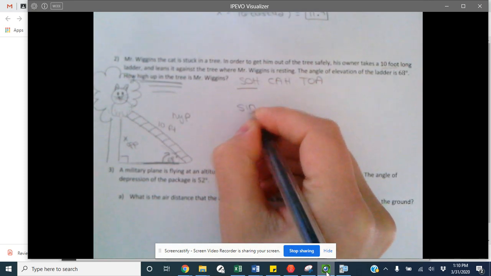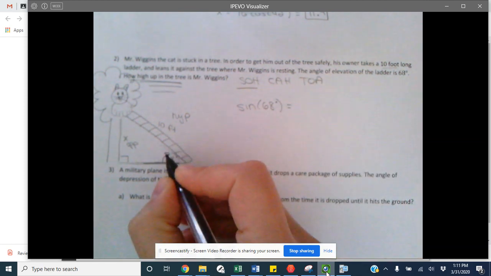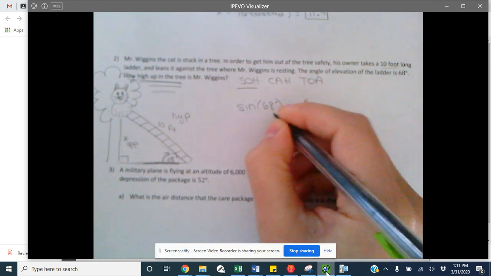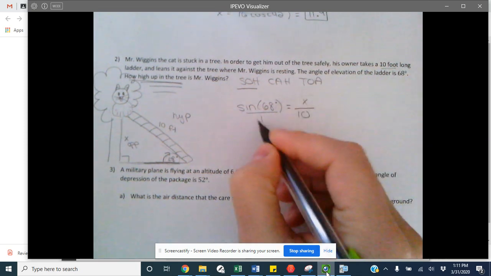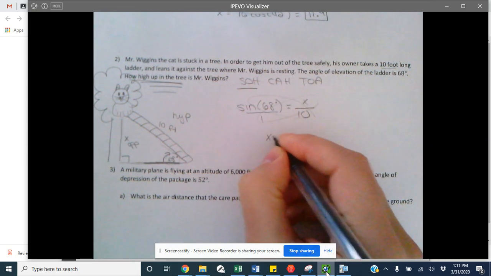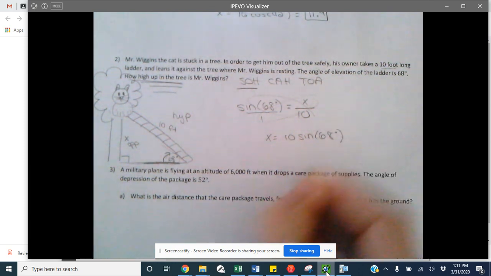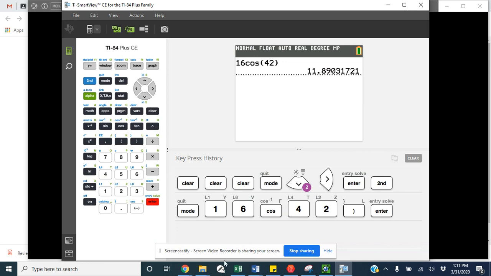So sine of your angle of reference, 68 degrees, equals opposite over hypotenuse. So x over 10. Put sine of 68 over 1, cross multiply and solve. So you get x equals 10 sine of 68 degrees. Let's go to our calculator and type that in. 10 sine 68.